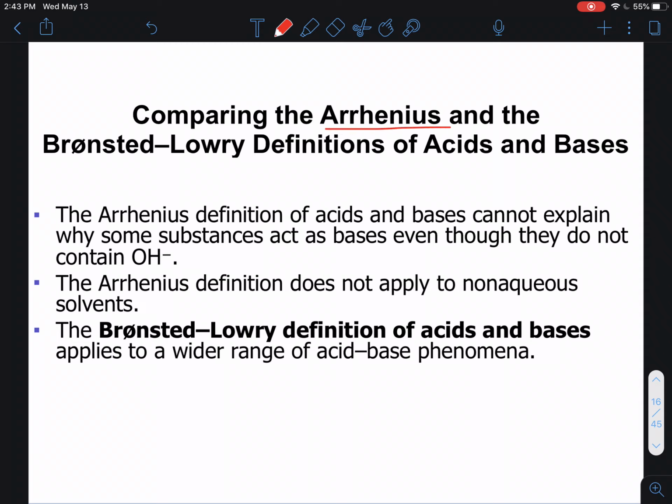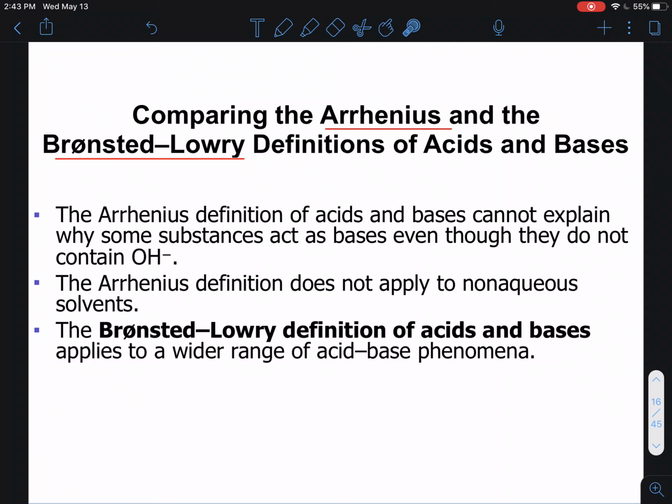We know about Arrhenius acids, but they cannot explain why some substances act as a base even though they do not contain OH. Long story short, Arrhenius acids and bases are only a certain kind of acid and base. There are other kinds.